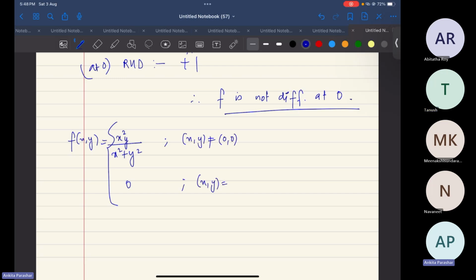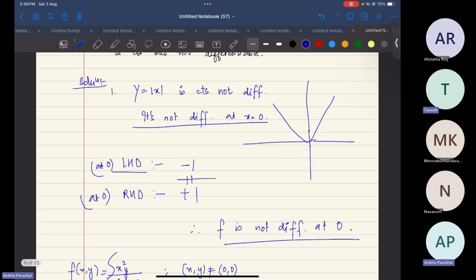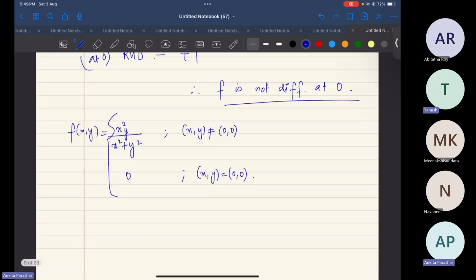How would you say that this is not differentiable and where? It's not differentiable at 0.